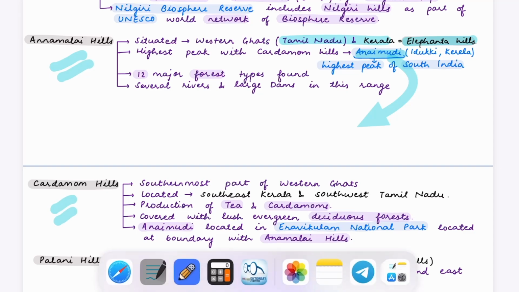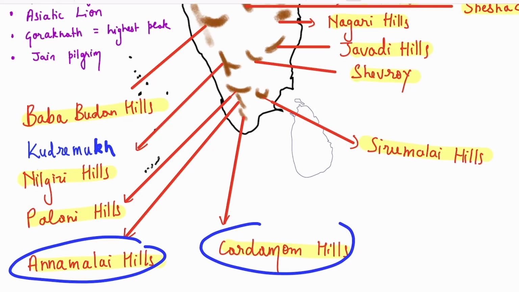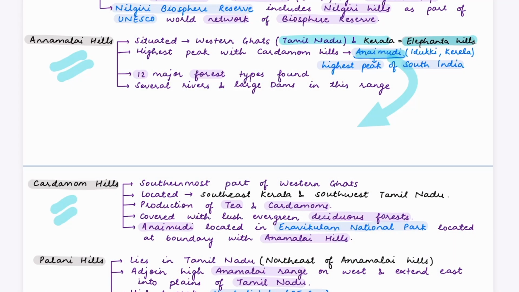Here, if I show you on the map, you can observe that the Annamalai Hill and Cardamom Hill adjoin each other, and on the transition we have the Anaimudi peak, the highest peak of South India. Very important dams are also found here, which have hydroelectricity potential.